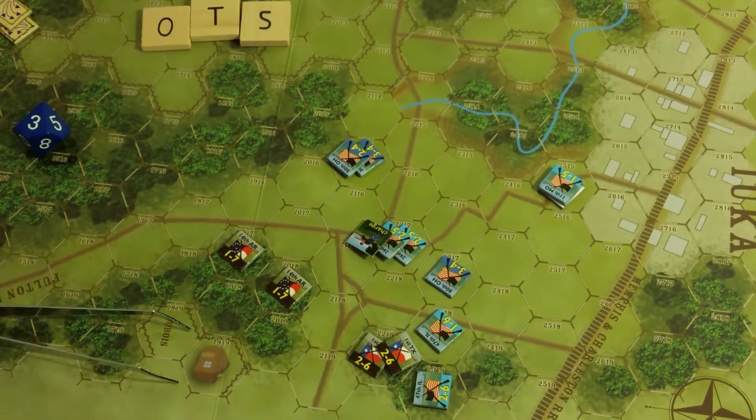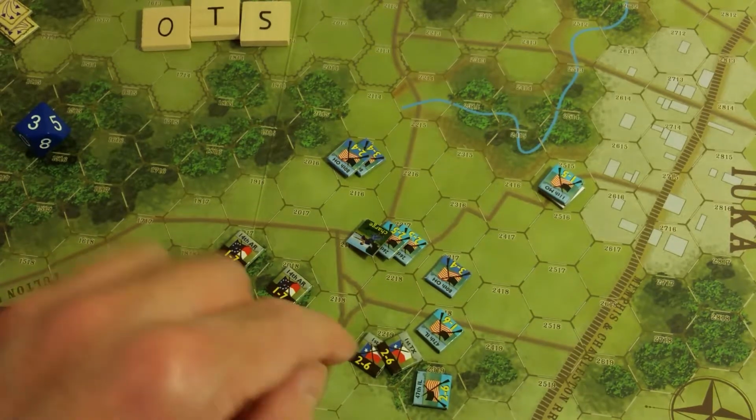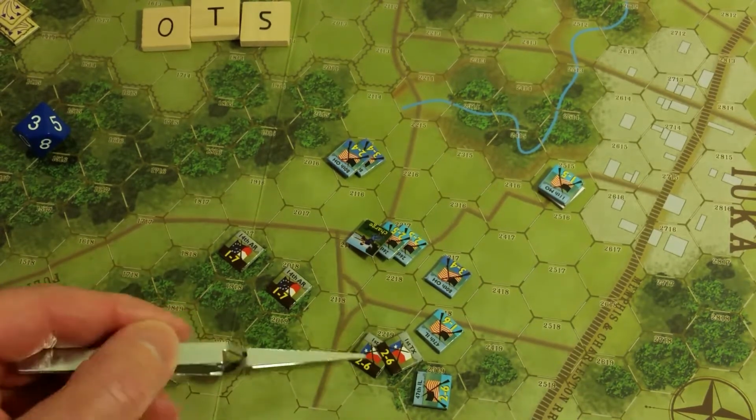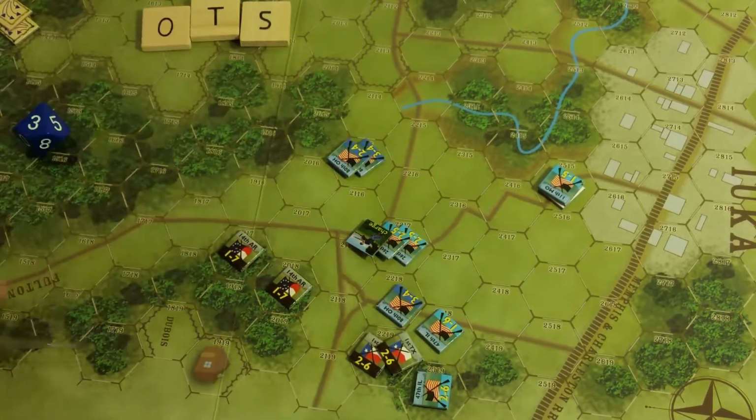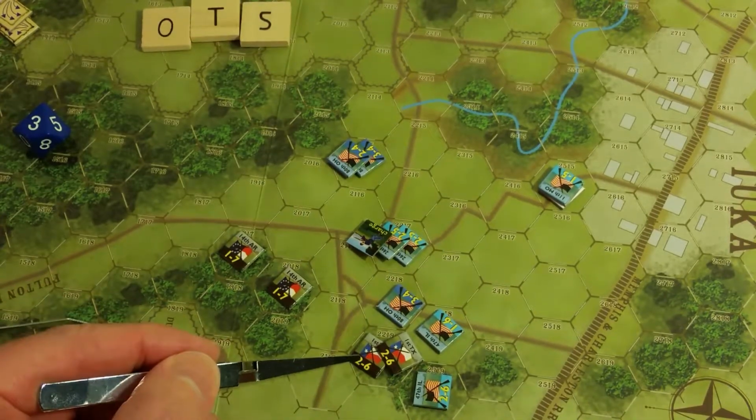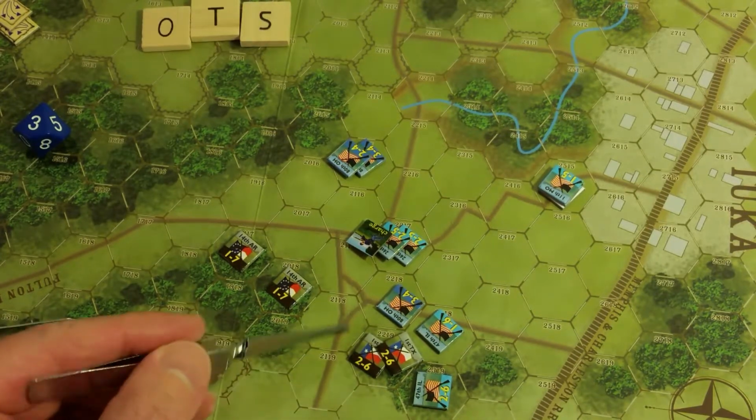Actually, now I do remember this game does have nice rules limiting the amount of firepower that can come from a single hex. 6.1.5: 3 strength points may fire out of a non-clear hex, both small arms and artillery. So if the 80th moved here, the 1st Texas has 4 base fire, but only 3 could fire out of the hex.